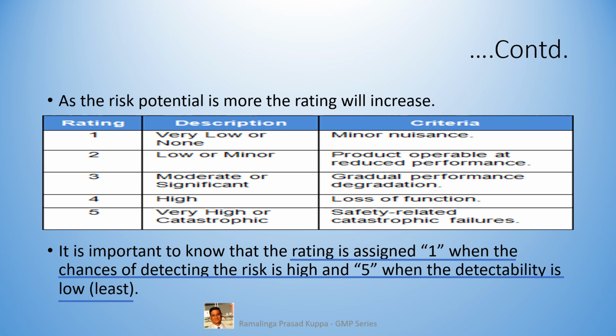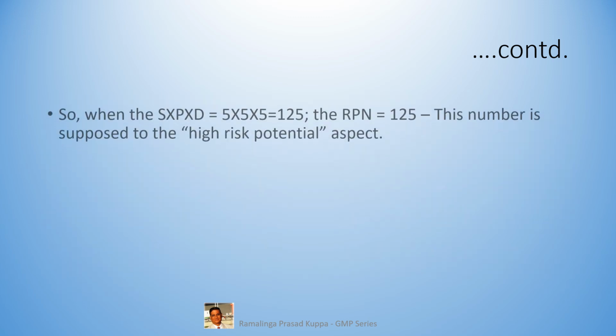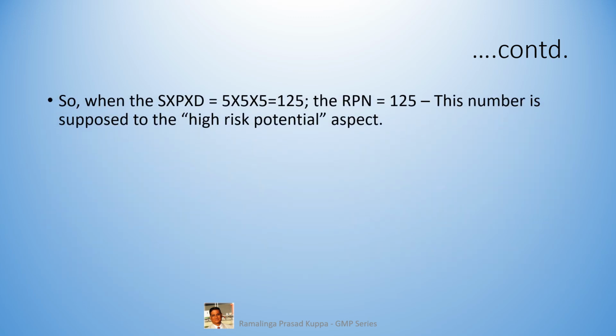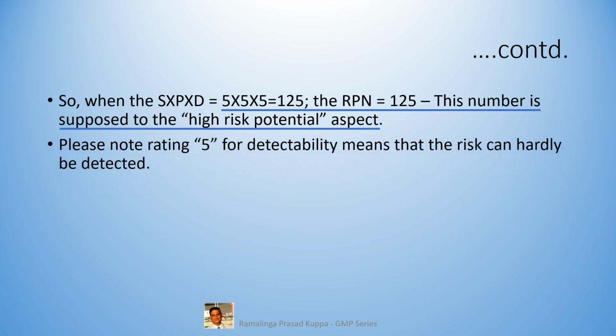This particular point should be noted. So when the SPD rating is 5 multiplied by 5 multiplied by 5, which is 125, the RPN rating is 125. This number is considered the high risk potential aspect. Please note, a rating of 5 for detectability means that the risk can hardly be detected.